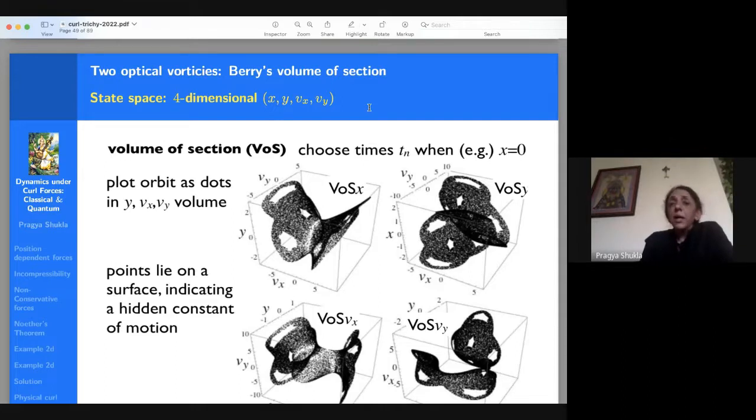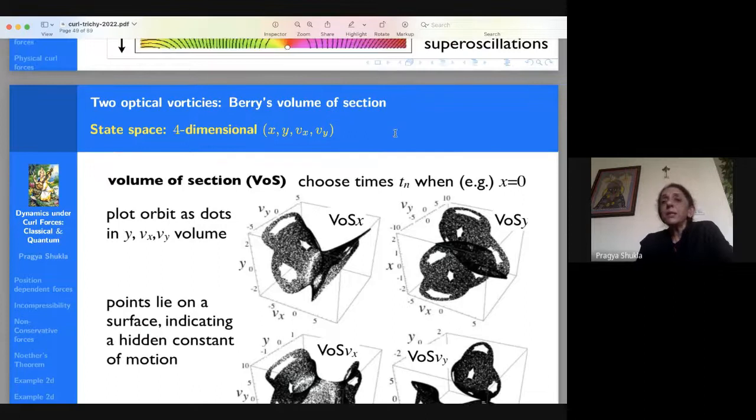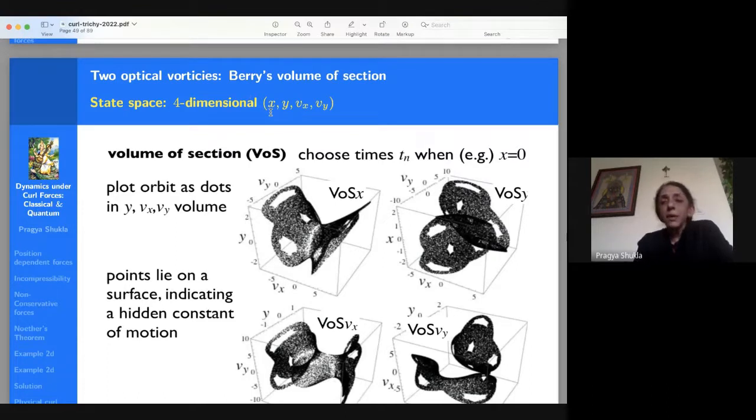So the question is, how do you simplify this? In the case of phase space, we use surface of section plots. What do you do here? Professor Berry came up with the idea of considering a volume of section. Similar to the Poincare surface of section, we fix one coordinate and consider the 3-dimensional plot, and that's why it is a volume.